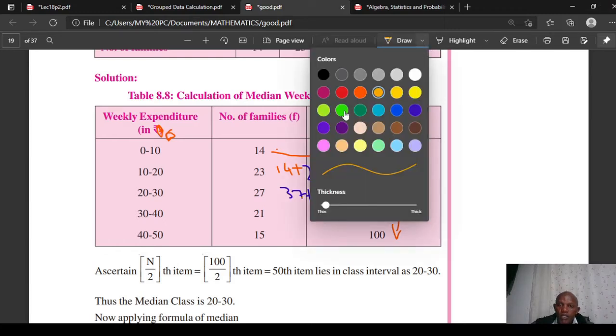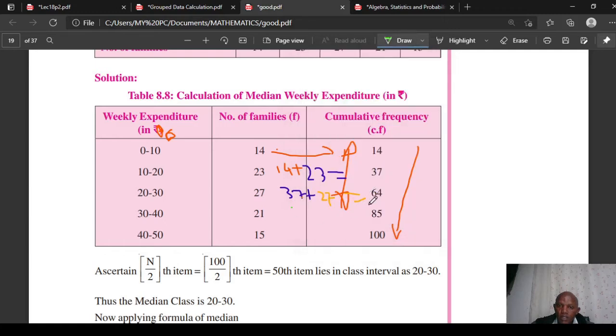Then how do you get the next value again? You pick a number there. The number is 64. Sorry for the handwriting, I'm using my mouse. 64 plus 21, and that will give you 85.